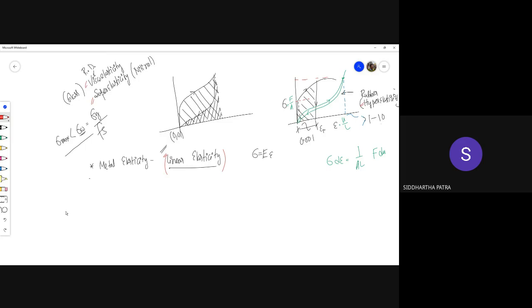The nonlinearity in any structural problem appears from three sources. One is material nonlinearity. So what is material nonlinearity? If the constitutive relation is anything but this one, no matter how much strain, it is nonlinear.